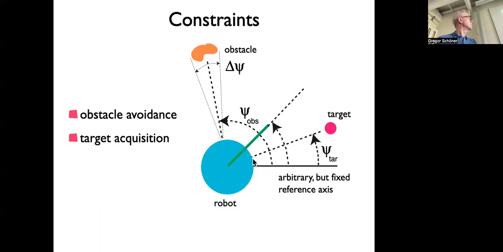So here this green thing is supposed to be the forward direction of the robot. And this would be the heading of the robot, and this would be the heading of the target. It becomes critical that we're not thinking of this angle here being the heading of the target. We're thinking of the angle to the world axis.